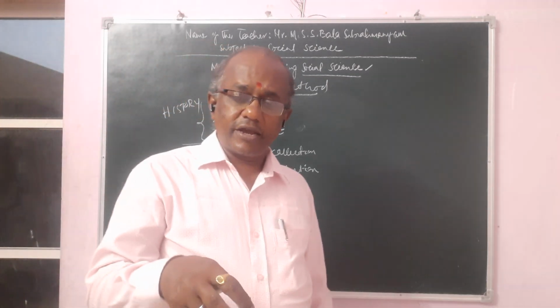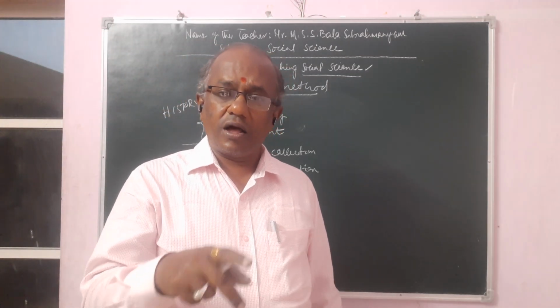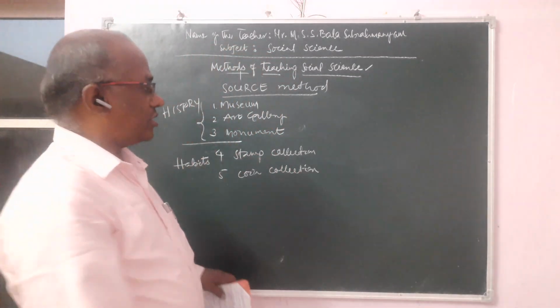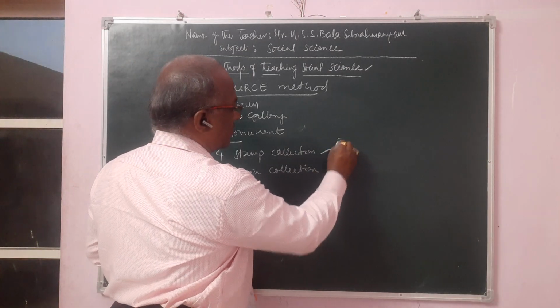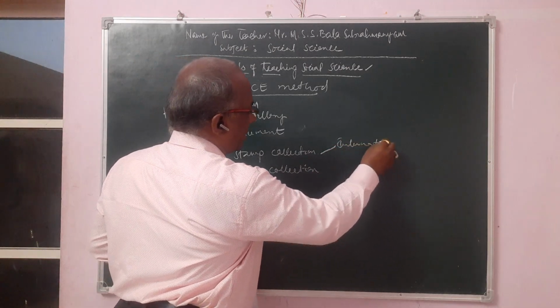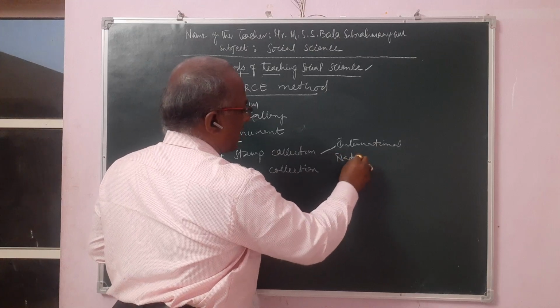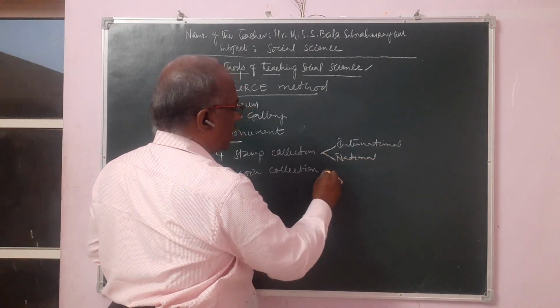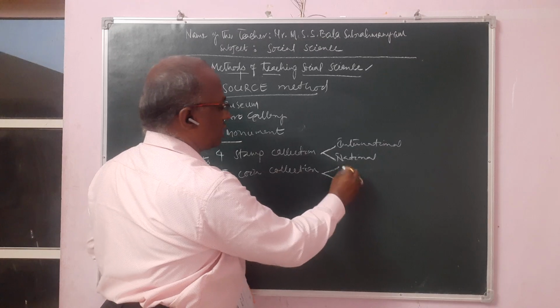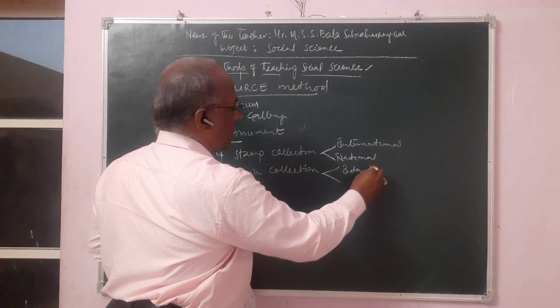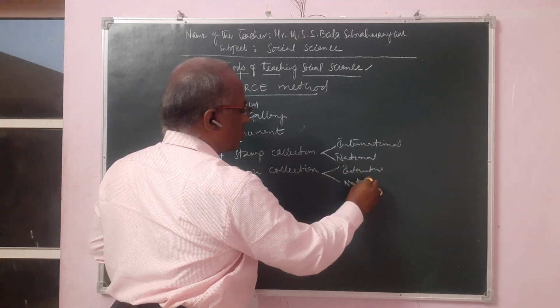Maybe they belong to our country, or they may belong to the world. So we can categorize whether it is an international stamp collection or a national stamp collection, and in the same way, coin collection also, international or national.